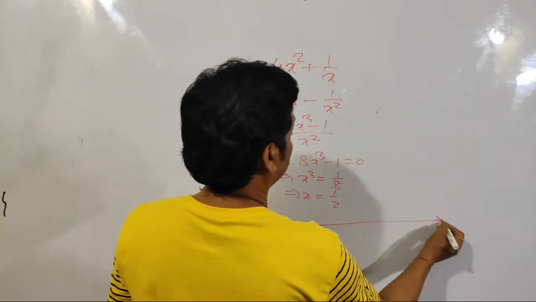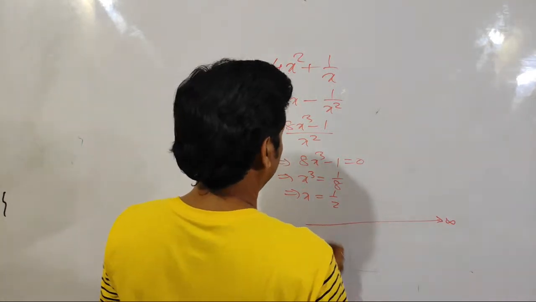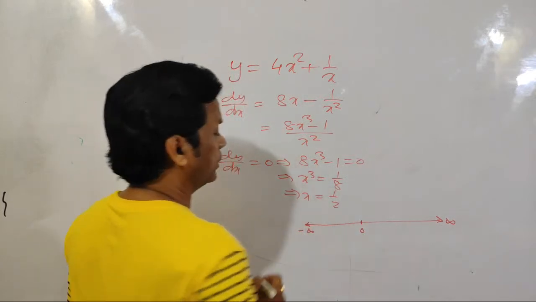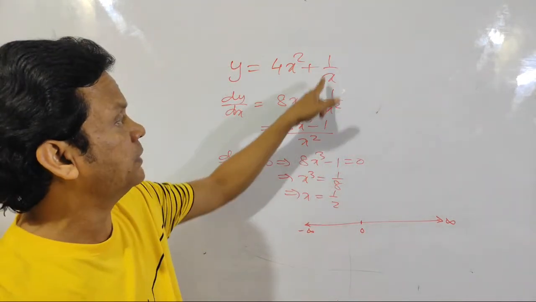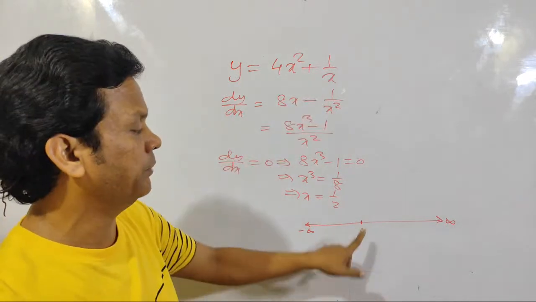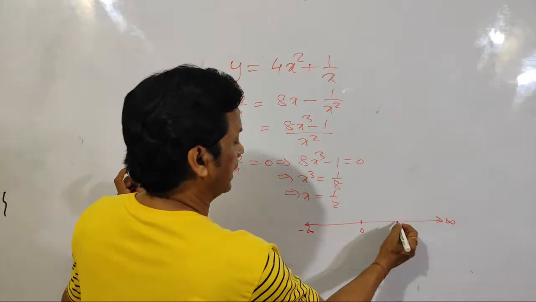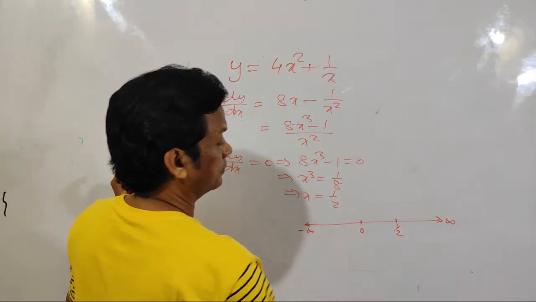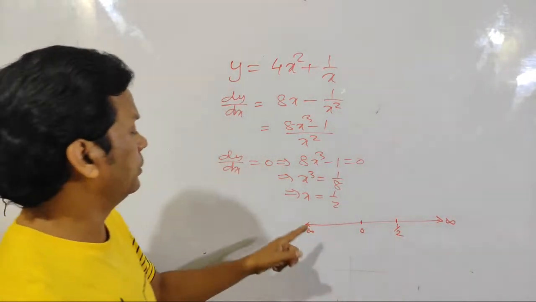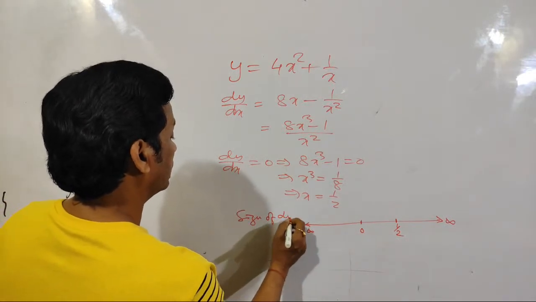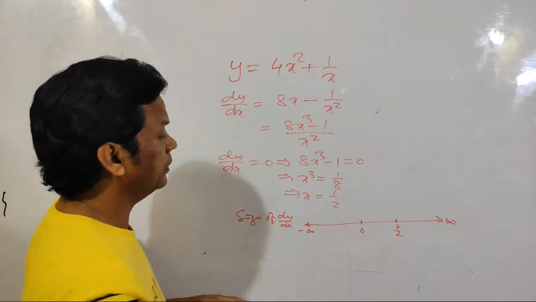Only 1 point. So this is infinity and this is minus infinity. I am taking 0 also because 0 is the point where the function is not defined. That is why I am taking 0. Clear? And this is a half. Okay. So the sign of dy by dx. See here?